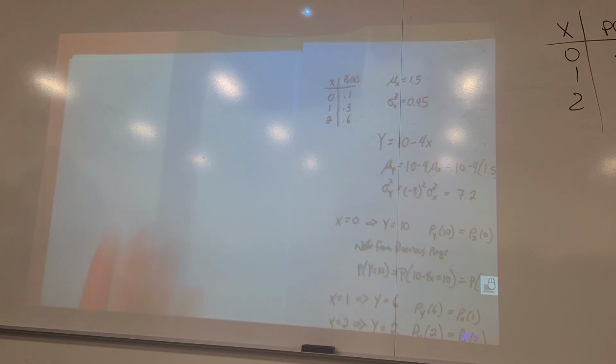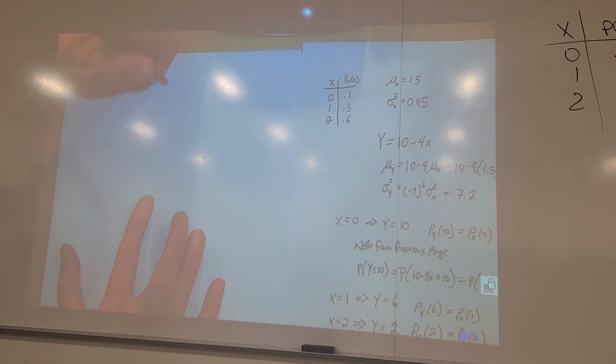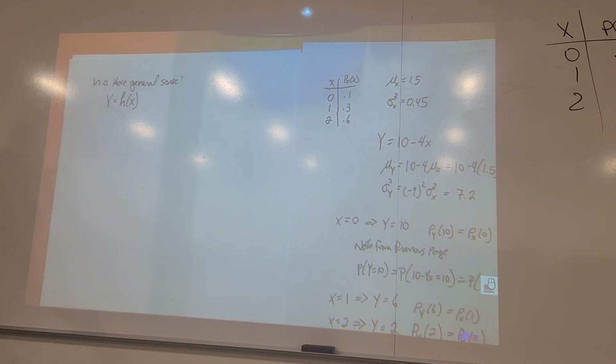In a more general sense, if y is some function h of x, in a discrete case, x is discrete, py of y is the sum, let's see, is there a shorter way I can write that?